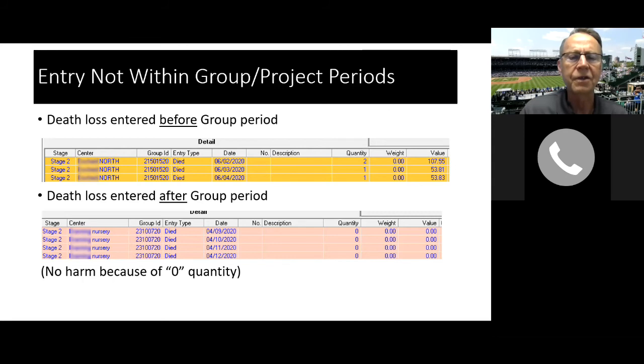Here's one, death loss after the time period. Now these are blank death loss, so they won't have any effect, but you can see how they show up color coded in the report.